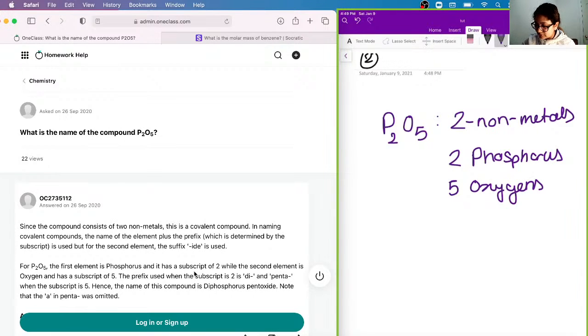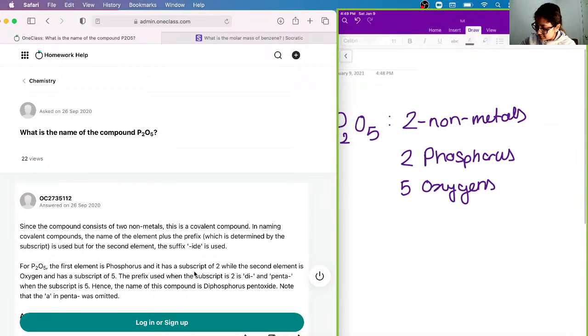So these are two nonmetals, and therefore this is a covalent compound.